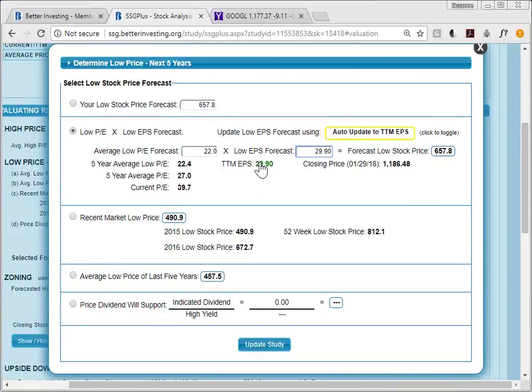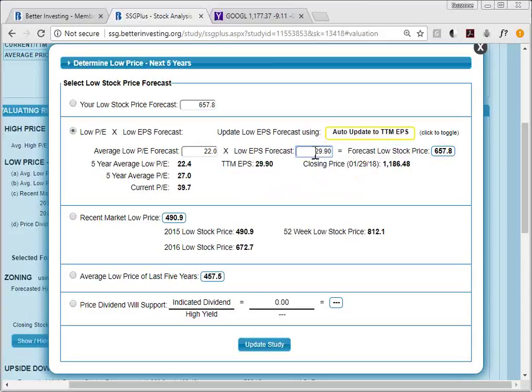I can also click on it. If somehow that is not the number that's in there, I can click and get that in there. You might have seen this little option change. I actually like all my studies to auto update. What that means is every time the company reports, the program is going to recalculate that trailing 12 months earnings and apply it to my low price calculation.